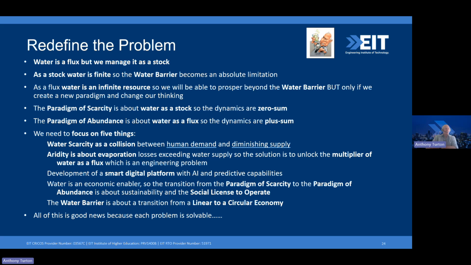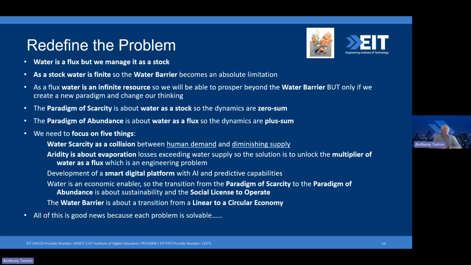And I think, in my professional opinion, we need to focus our minds on five things for the future. The first thing is to think of water scarcity as a collision. Think of a motor car collision on a highway. Think about a train collision. Think about an aircraft collision, with a helicopter and a fixed-wing aircraft coming together. They crash together, and it's always catastrophic.